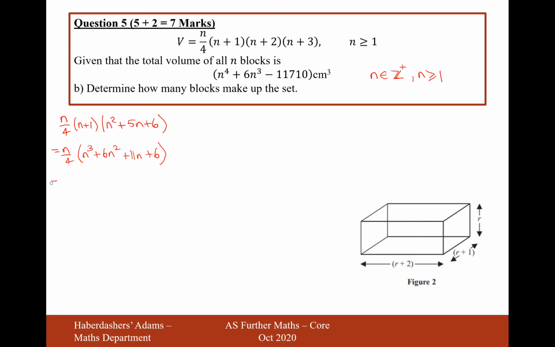And now we'll expand it all with the n over 4 at the front, so it'll be n to the power 4 over 4 plus 3 over 2n cubed plus 11n squared over 4 plus 3 over 2.